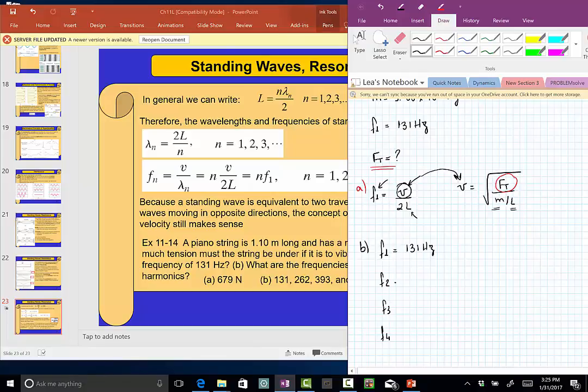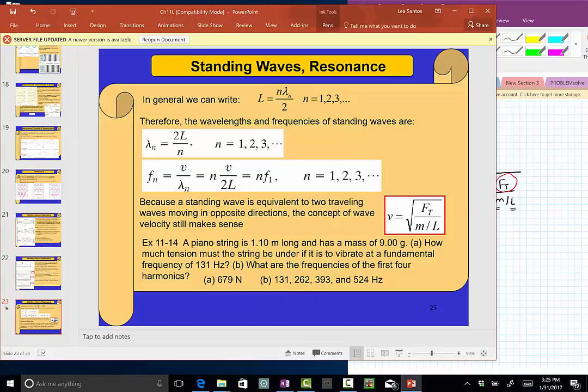Nothing else to do here. What is the second? Just multiply the first by 2. What is the third? Multiply by 3. What is the fourth? Multiply by 4. And you could go on. Okay, so then you have the numbers here, 131, 262, and so on. All right, so this is the end of this chapter.